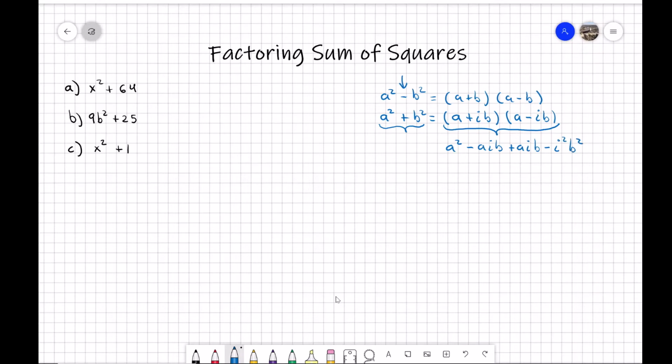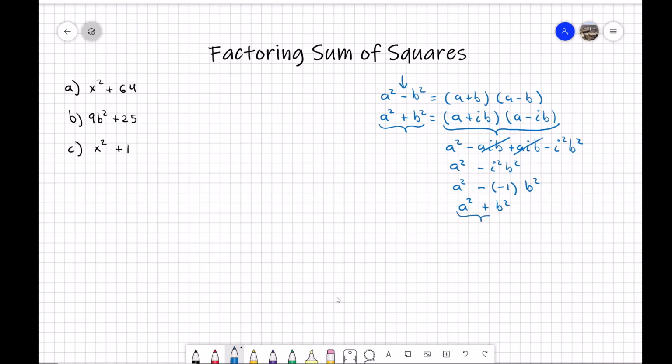So now we see that these two terms get cancelled and we end up with a squared minus i squared b squared. And remember that we know that i squared is the same as -1, then times b squared. So finally we end up with a squared plus b squared.